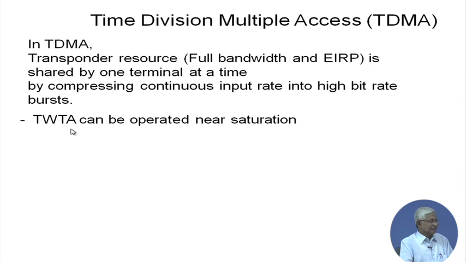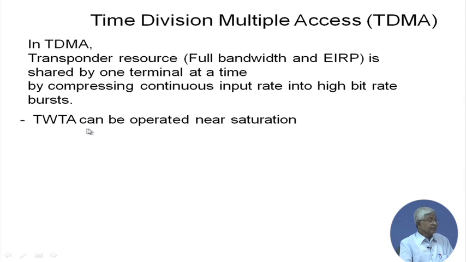Then one big advantage is that you have got full bandwidth and full EIRP, and there are no multiple carriers. So, the TWTA can be operated near saturation. That means you are extracting maximum power. You are not coming down to the linear region by putting in some back off. That is the biggest advantage. The disadvantage is you increase the bit rate.